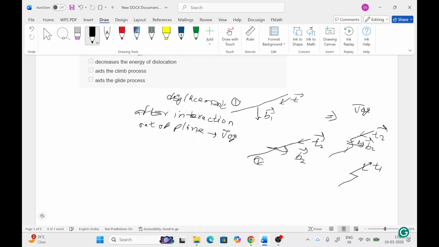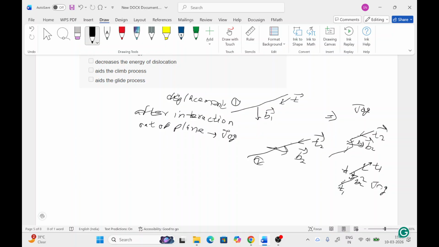This is T1, this is T1, and this is T1. And the Burgers vector for this is down. So this is also a jog created for dislocation 1.